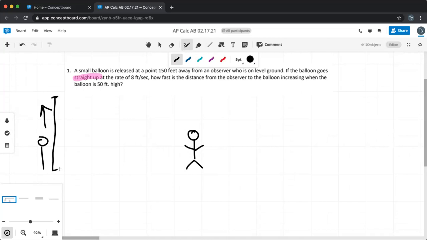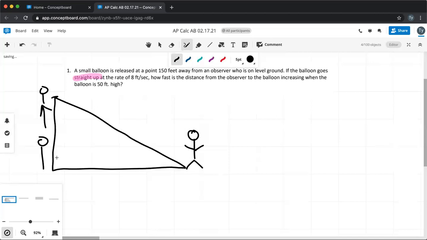But this horizontal distance here is not changing from the balloon to the observer. No matter how high the balloon goes, this distance is not changing. But if it's at some point, like right here, then we can draw this line here and we have a right triangle.